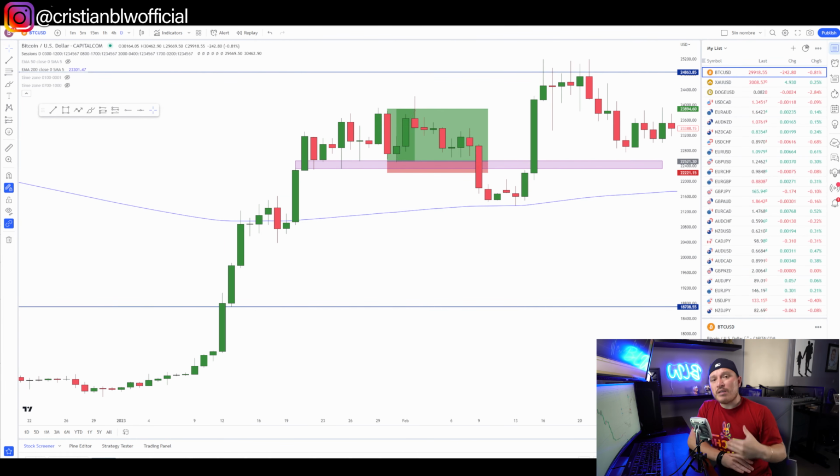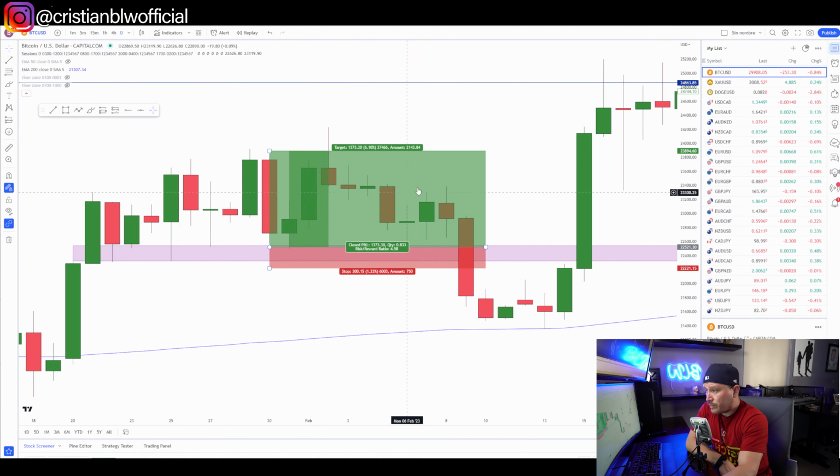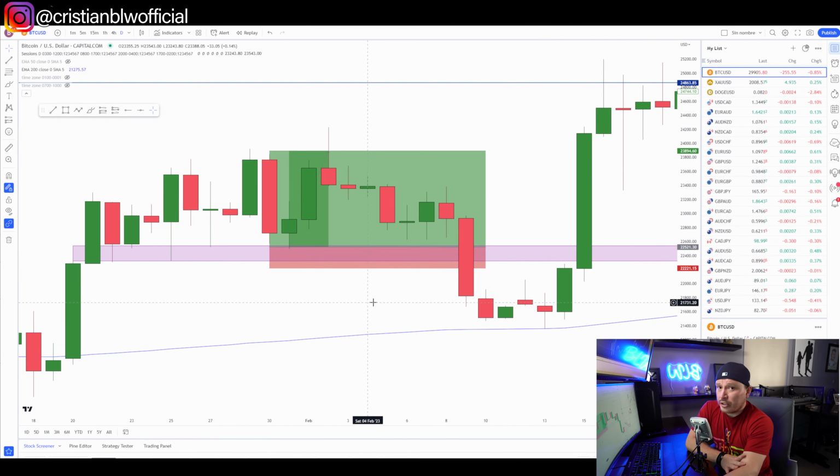And when a lot of people, such as institutions, are placing short orders, then the price is going to start going down. So our target is to identify those specific entry points where institutions are placing their positions. That's a sniper entry, such as this one right here. This is on Bitcoin, but I'm going to show you some examples on regular currencies as well. But this is what a sniper entry is.